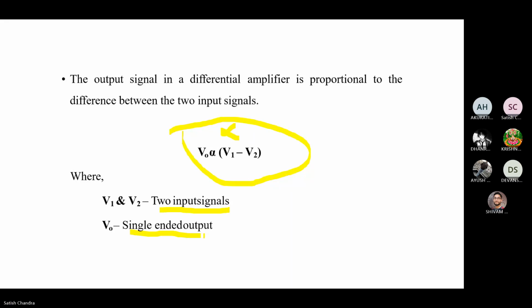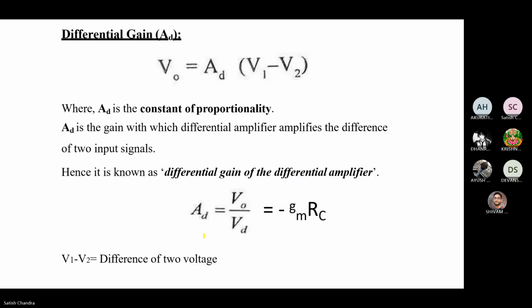When we are talking about the differential gain, it is going to be like this, where AD is the gain with which the differential amplifier amplifies the difference of the two signals, and hence it is also known as the differential gain of the differential amplifier. That is AD equal to V out by VD, which we have already seen, minus Gm RC, where VD is nothing but V1 minus V2.